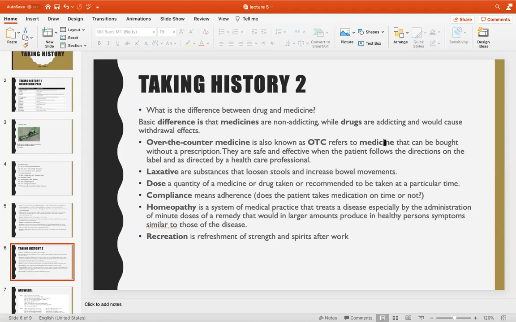It refers to medicine that can be bought without a prescription from the doctor. They are safe and effective when the patient follows the direction on the label. All right? So over-the-counter medicines, they are medicines that can be taken from the pharmacy without a prescription.